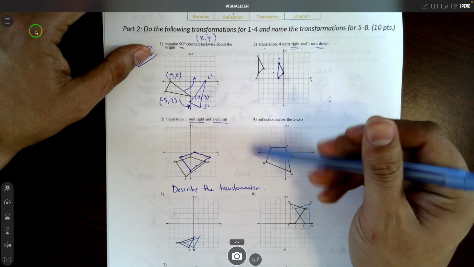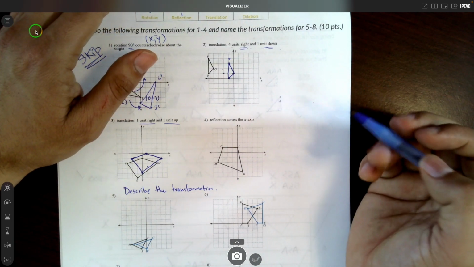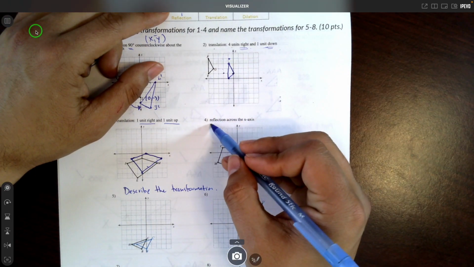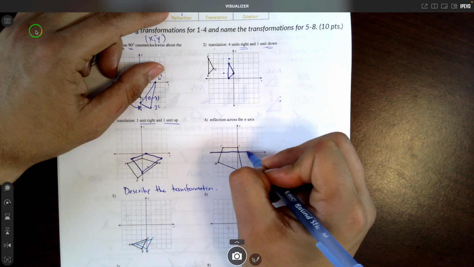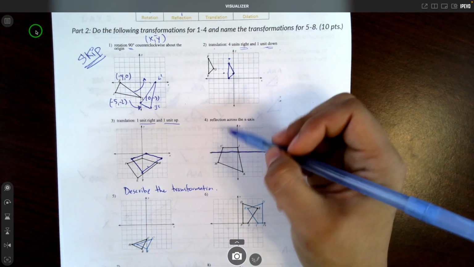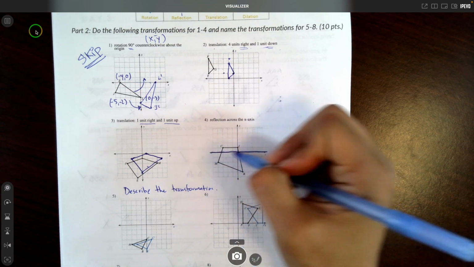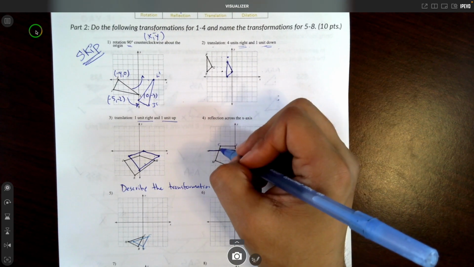A reflection, remember, it's no longer congruent. And in this case, they want us to reflect across the x-axis, which is right here. And so what you do is you count how many steps to the mirror, that's basically the mirror, and then you do the opposite going the other direction.